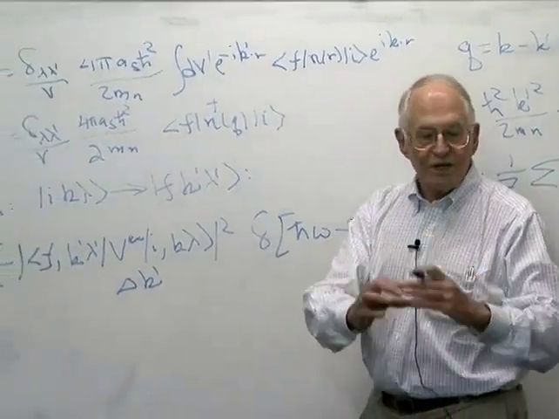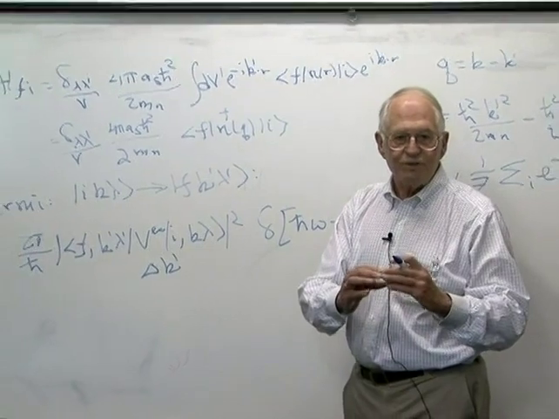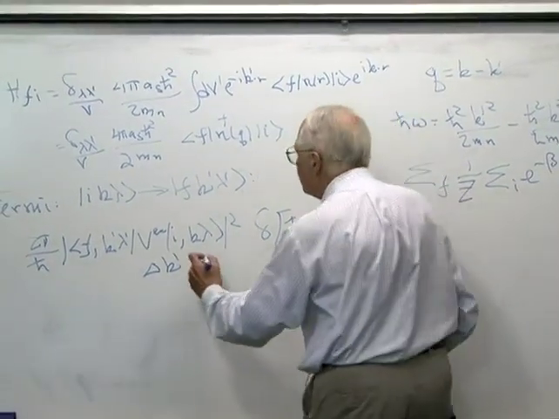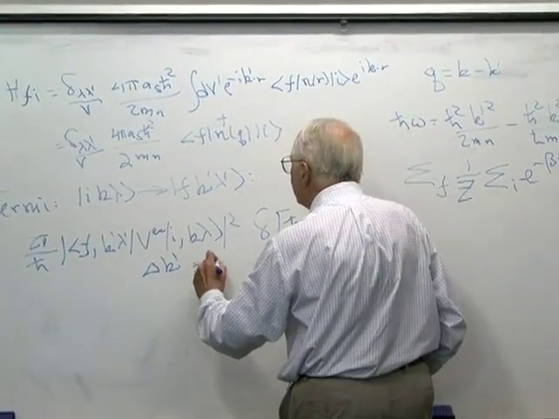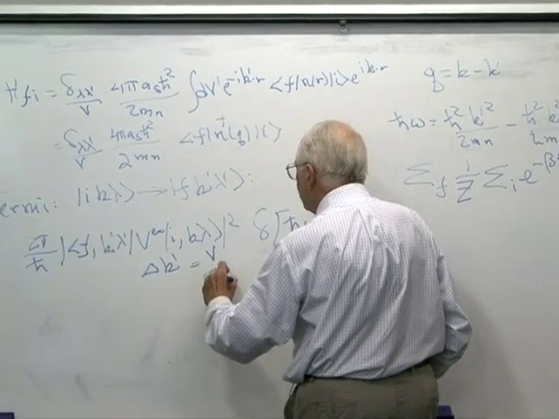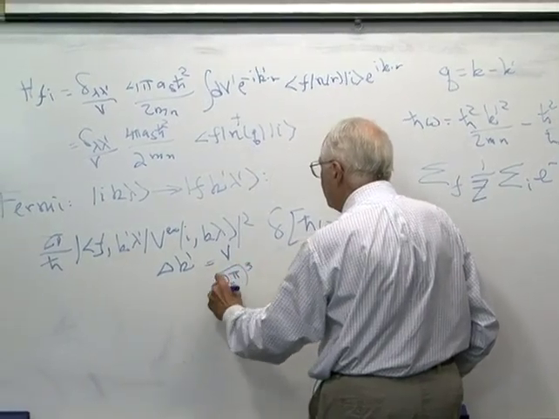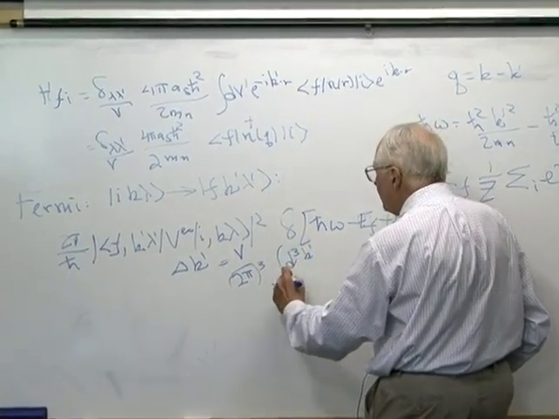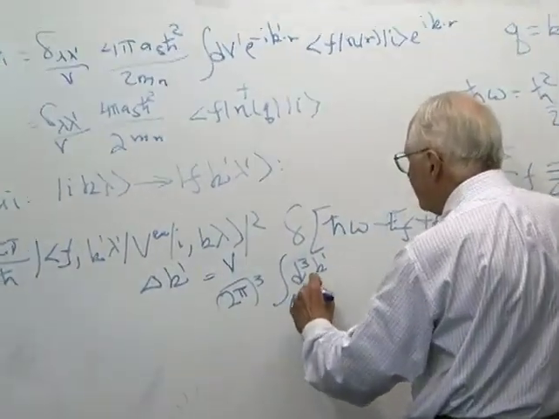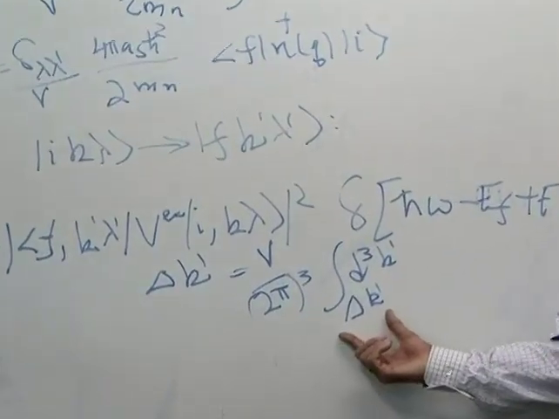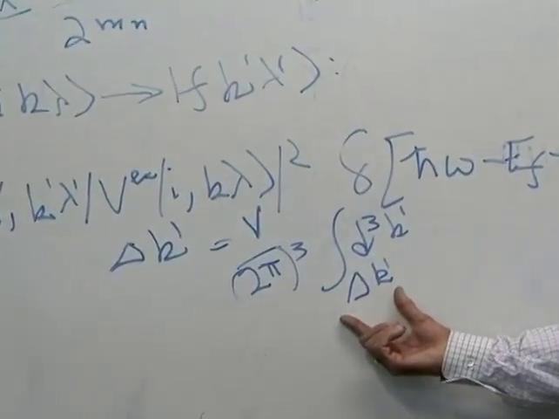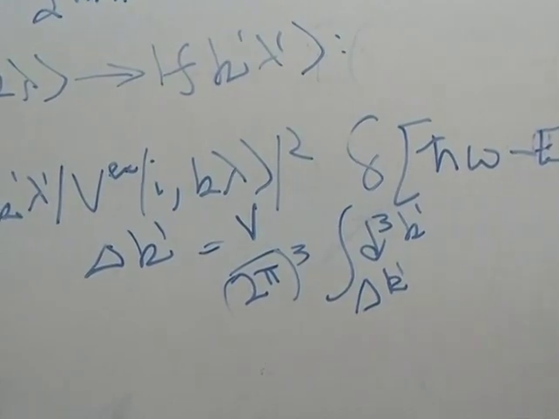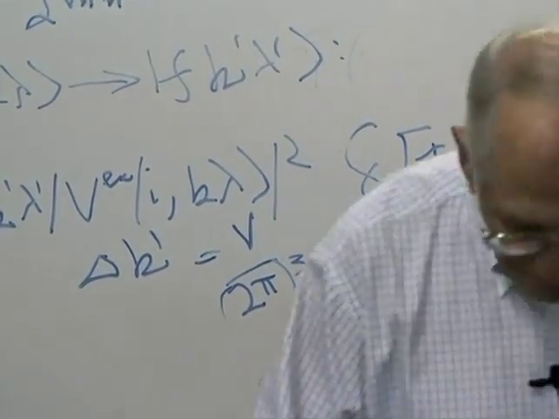And I'm going to go to an integral which gives you a factor of V over (2 pi) cubed in the density of states. So I write this as V over (2 pi) cubed. And then I do an integral d^3k prime, but only over the states involved in delta k prime. So there is a limited final state that we're going to detect. And that turns out to be crucial in doing the kinematics.